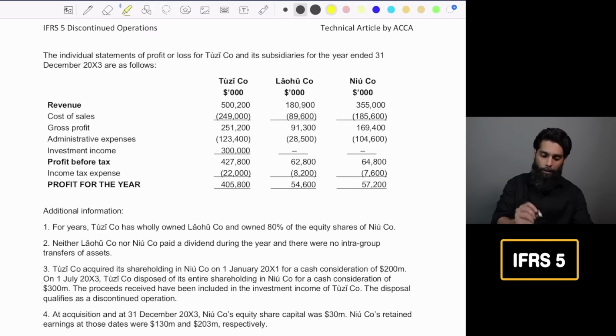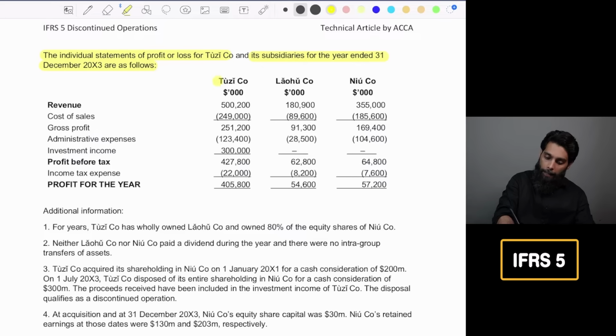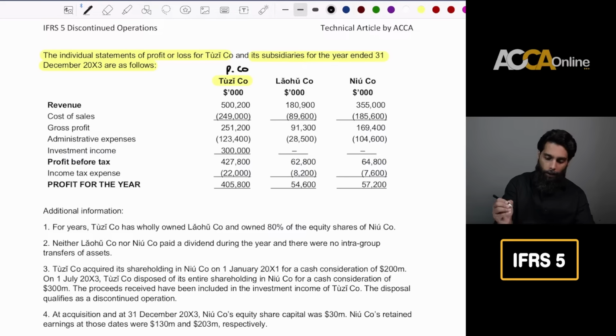So your examiner says, for example, there is a question. The individual statements of profit or loss for 2Z company and its subsidiaries for the year ended 31st December 20x3 are given as follows. So first you need to understand that there is one 2Z company and this is your parent company.